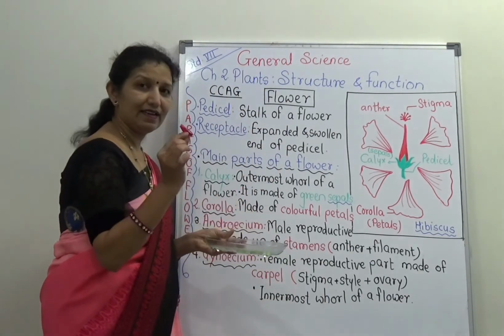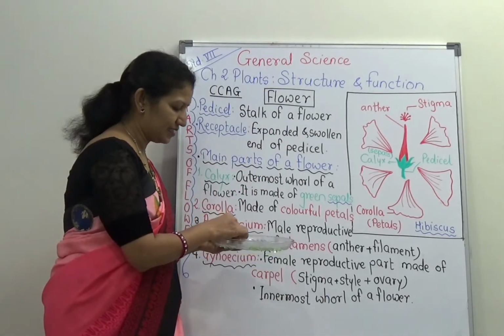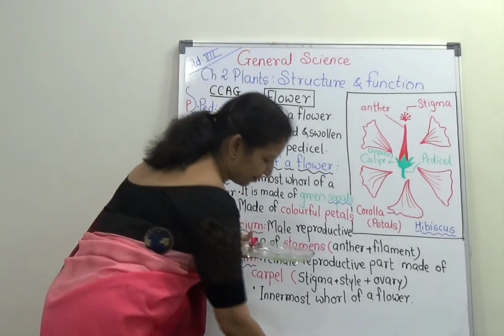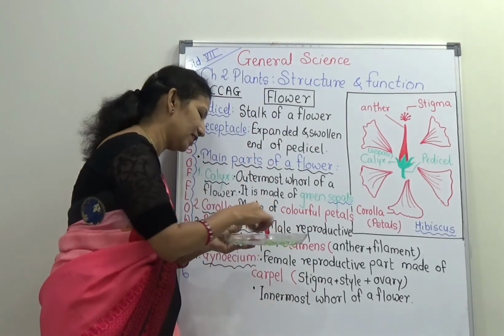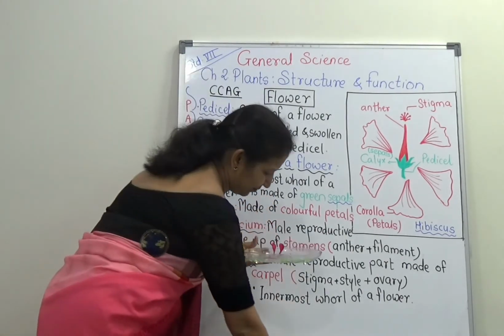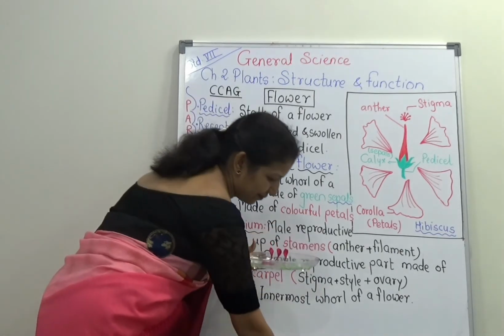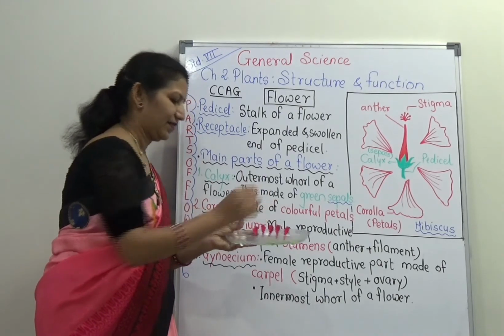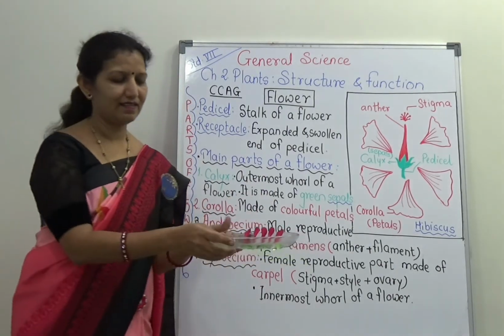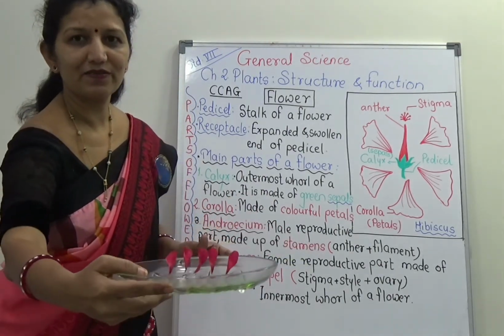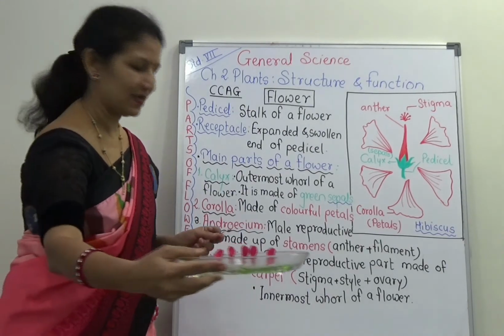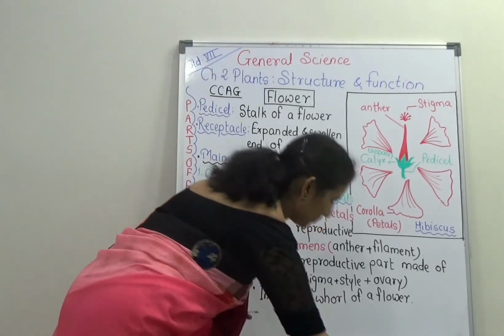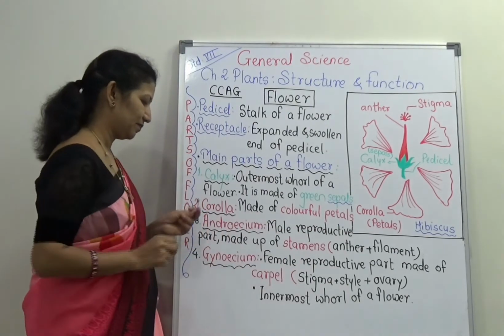See here, what is it? Corolla, corolla of a flower. These are the petals of the flower. This is corolla. Now, this was second whorl.